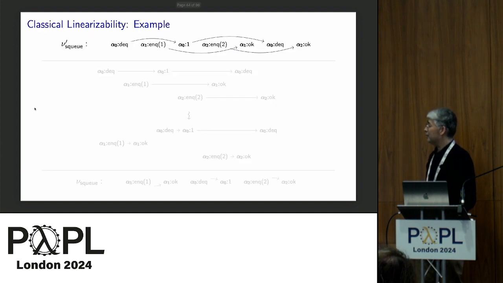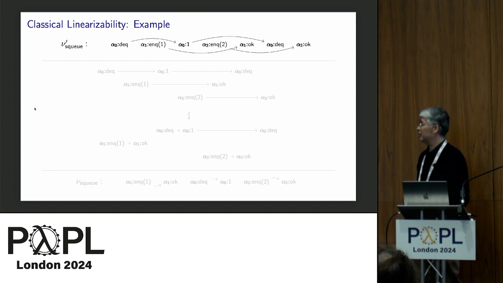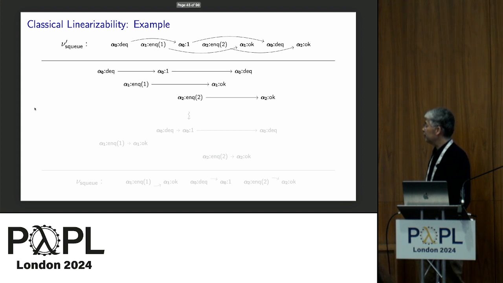So the linearizability definition, classical linearizability, is basically saying you need to pay attention to what we call the happens-before relations. That is, if you have an interleaved execution, you look at every thread, the trace. Every thread, of course, is so-called sequentially consistent. You call followed by a return, followed by a call, followed by a return.